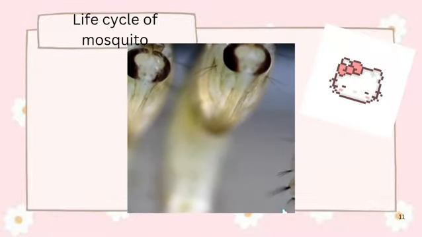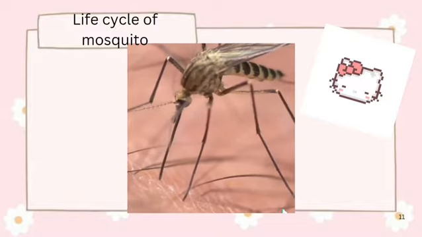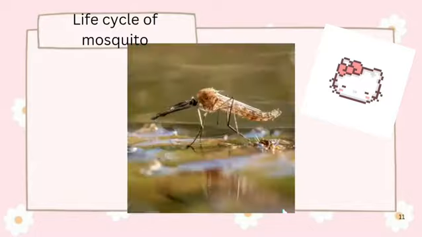Pupa. In this non-feeding stage, the mosquito undergoes metamorphosis, lasting 1 to 4 days. 4. Adult. Emerging from the pupal case, the adult mosquito rests on the water's surface to dry and harden its body and wings before flying away.